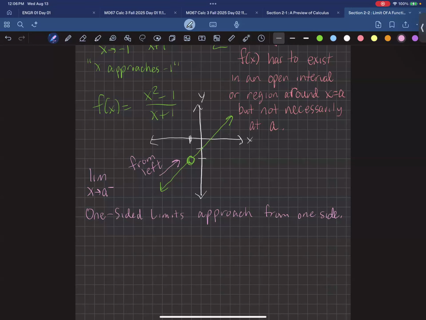If we're approaching that value from the right side of the graph, we say the limit as x approaches a from the positive side like that. And it's elevated up, so it looks like an exponent.